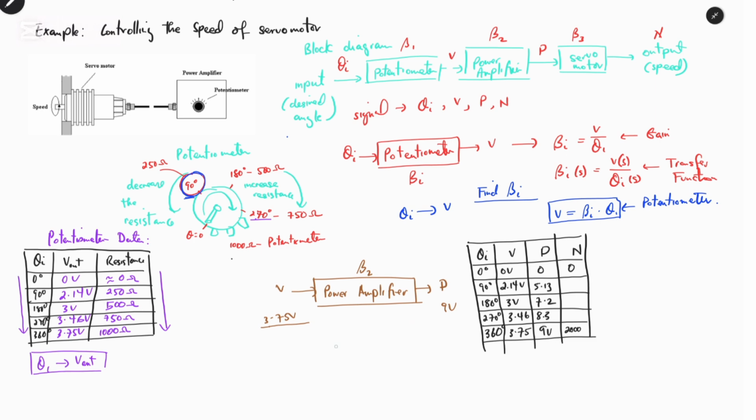So we now have the servo motor and beta 3, where we have 2000 revolutions per minute and the input should be 9 volts. What will beta 3 be? It will be equal to 222.2. This will now be the gain of the servo motor.